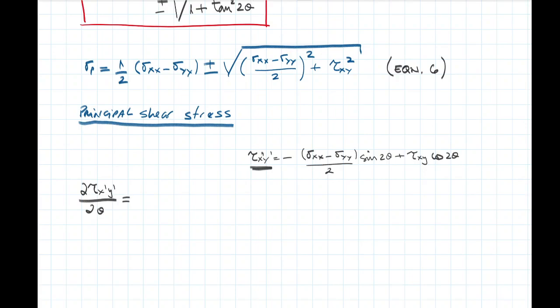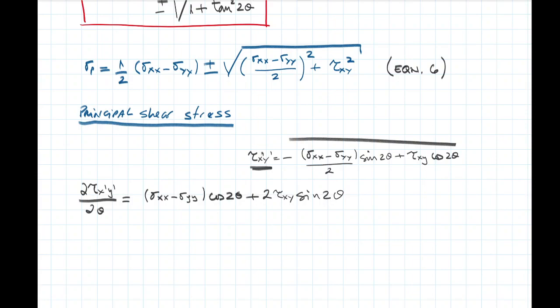That's going to be equal to, if I take the derivative of all of these, something like minus (sigma x x minus sigma y y) times cosine of 2 theta plus 2 times the shear stress times the sine of 2 theta.